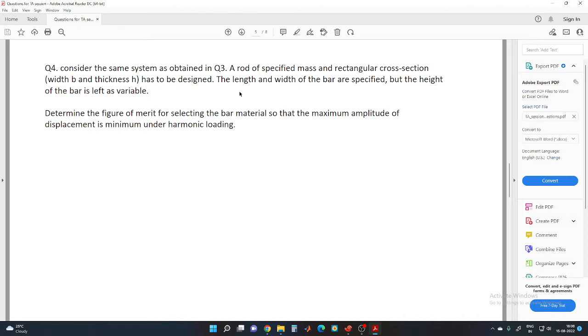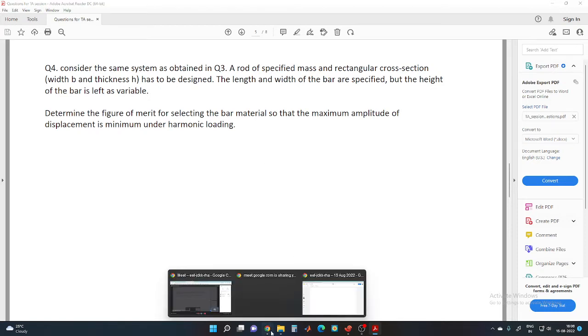So first of all, we'll draw the schematic for the problem. Sorry, if we remember, question 3 had a system of equipment being mounted on a cart and the cart was stationary.